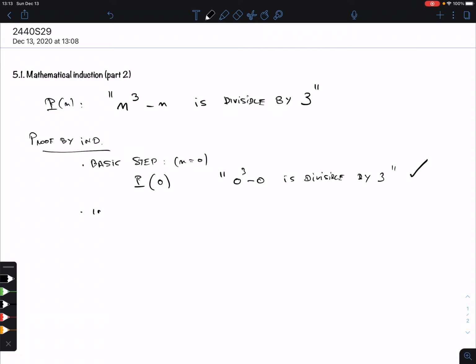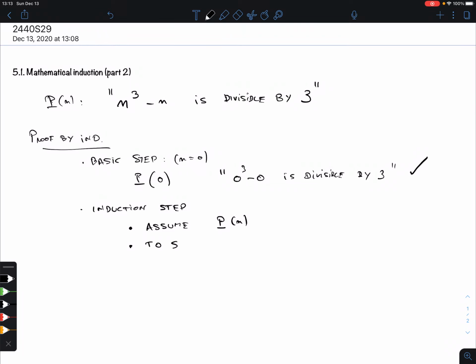Now the induction step, and this is where we have to set up first. For the setup, there are 2 parts. We assume that Pn is true, and we want to show that also the next one, Pn plus 1, is true. Remember I would highlight these by saying this is a true statement, and this is orange.